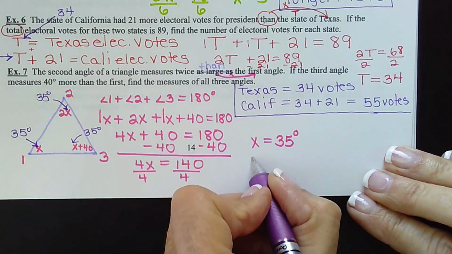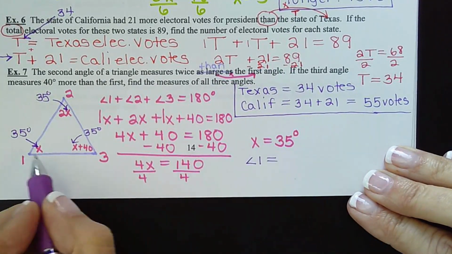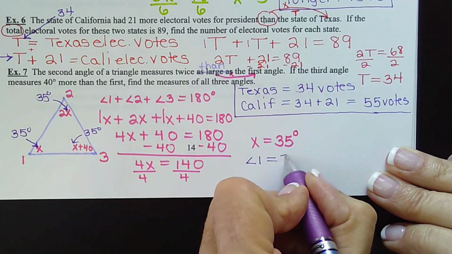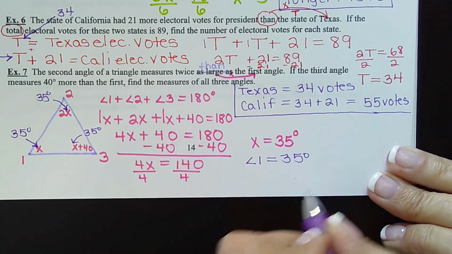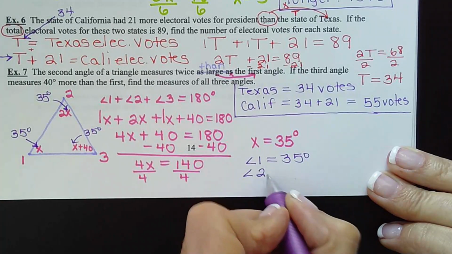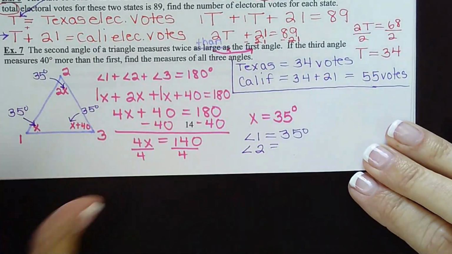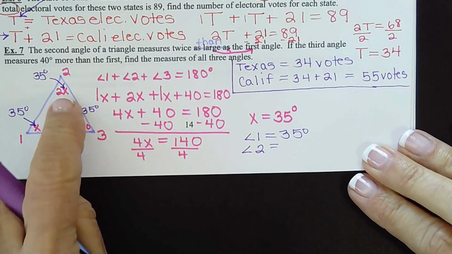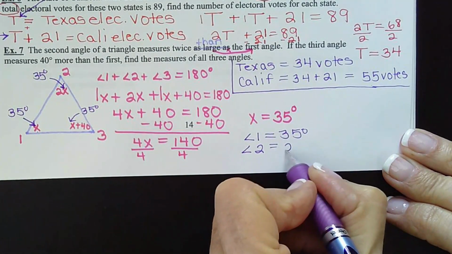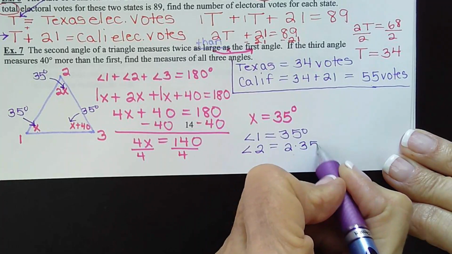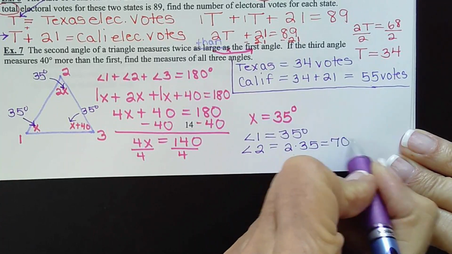So I can see angle 1 is going to be 35 degrees because it's just x. Angle 2 is 2 times 35, which is 70 degrees.